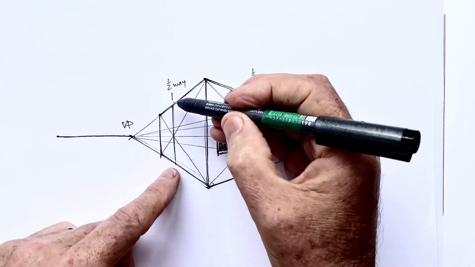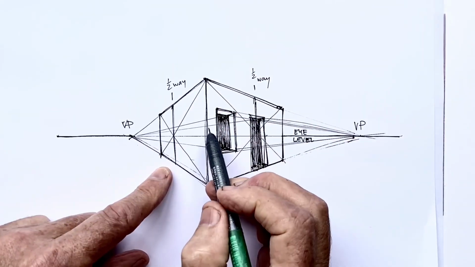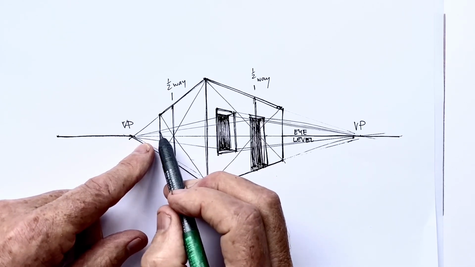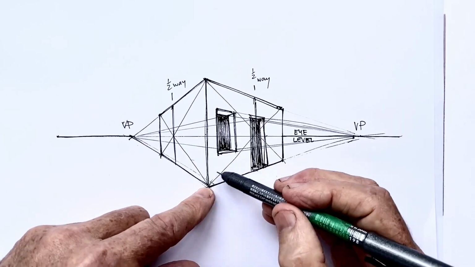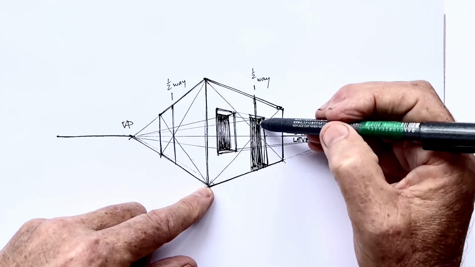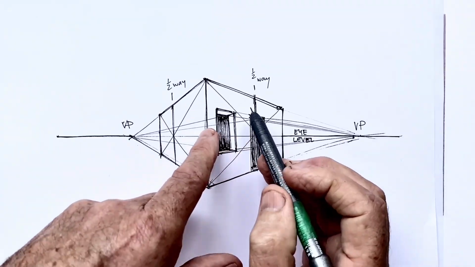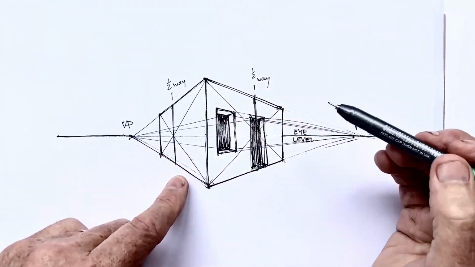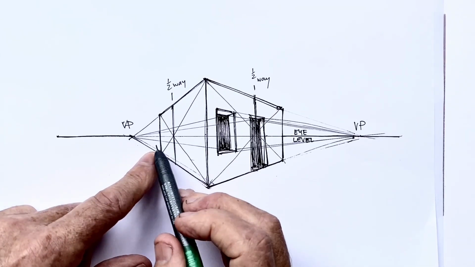And if we find the halfway point by drawing the diagonals, we can clearly see that from here to here, the halfway point is much, much closer towards the end. On this wall, our halfway point is here. And while it's still well towards the far side, it's closer to, if you like, the visual middle than this one is, since this wall is not moving away from us as quickly as this wall is.